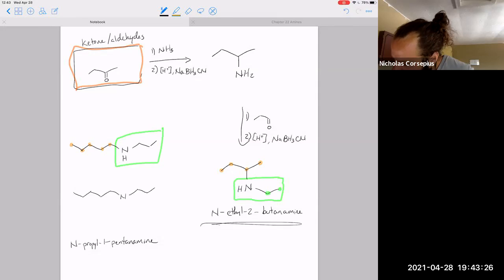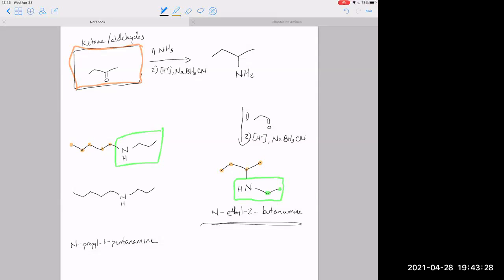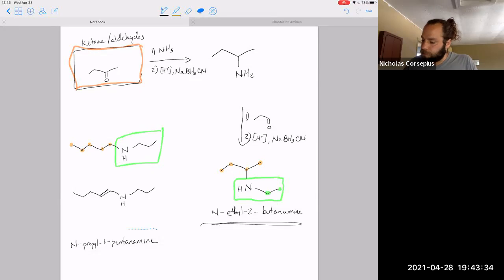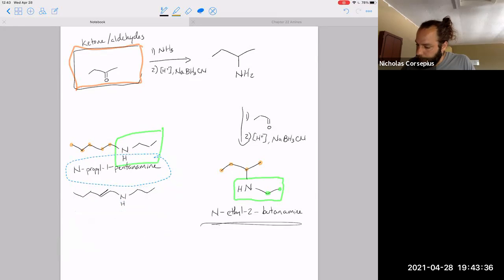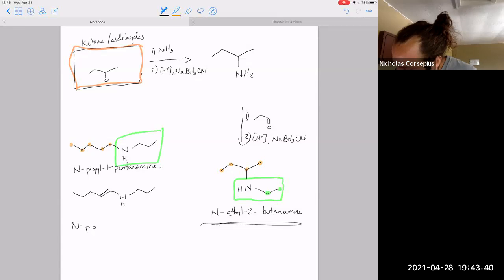so I have this very similar example here, but now I have a double bond. So first of all, this would be up here. We have something very similar. We have our N-propyl. But now we have two suffixes that we have to account for, and so we got to do that in the back half of the name.